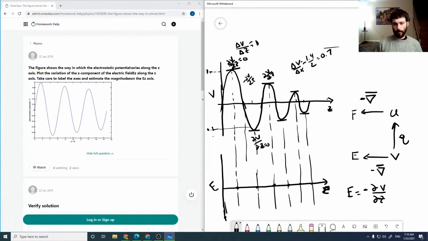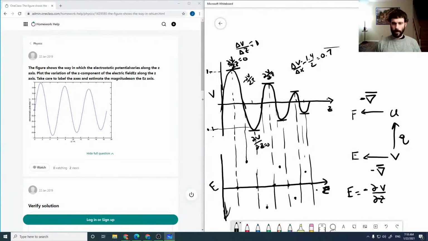So my E field will be maximally negative here, positive there, negative here, a little bit reduced, positive here, a little bit reduced, negative here, a bit reduced, and here a bit positive and negative.